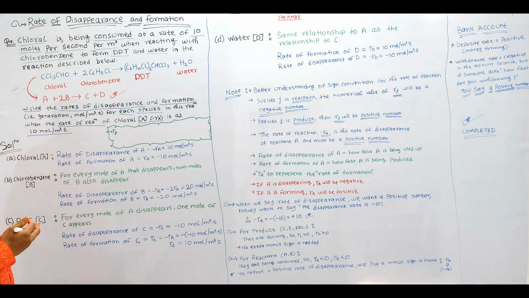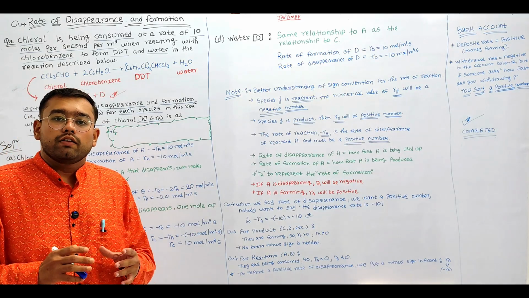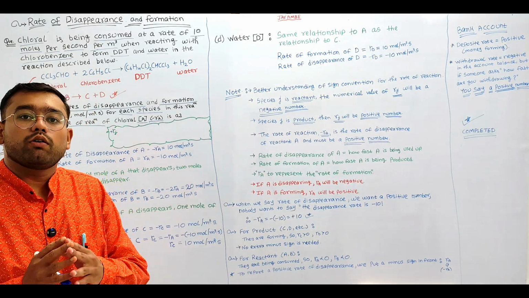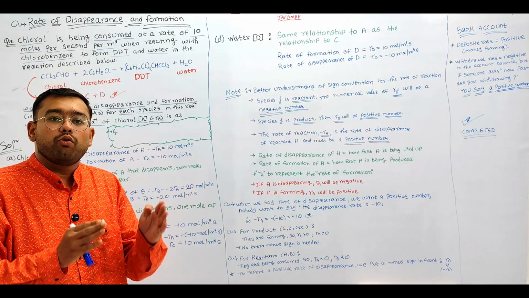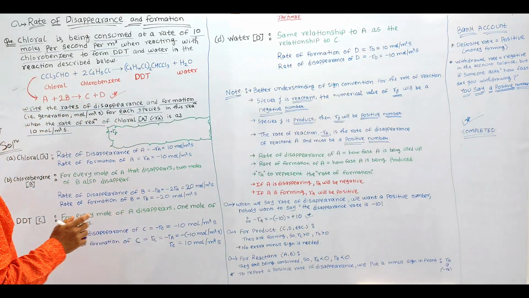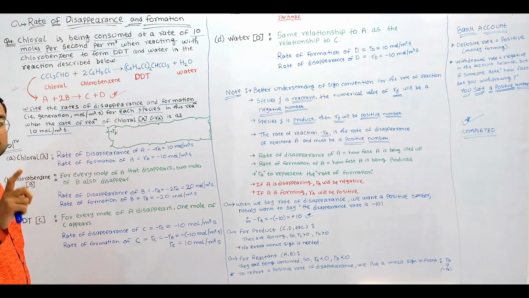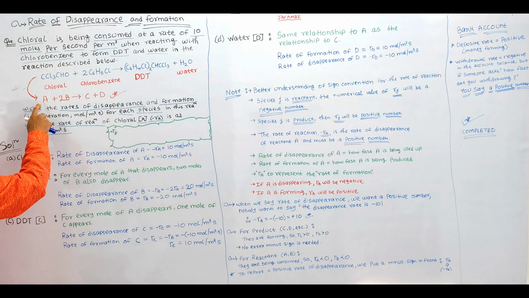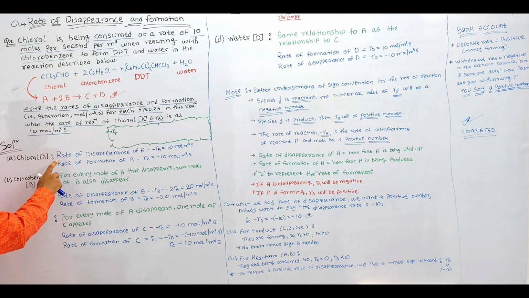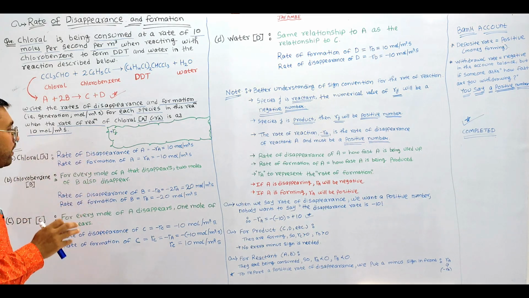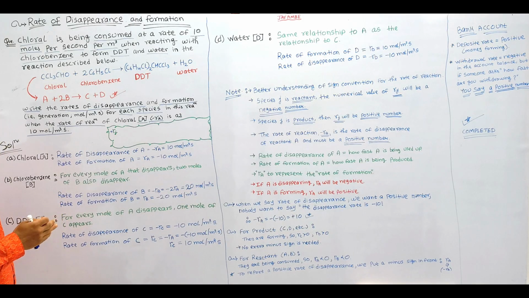So here, as per the question, we need to write the rate of the disappearance and rate of the formation for each and individual species, right? So let's write the rate of the reaction for species A. Here species A is chloral. So the rate of the disappearance of A will be minus Ra is 10 moles per meter cube per second, right?